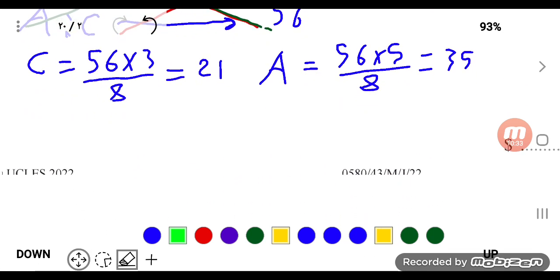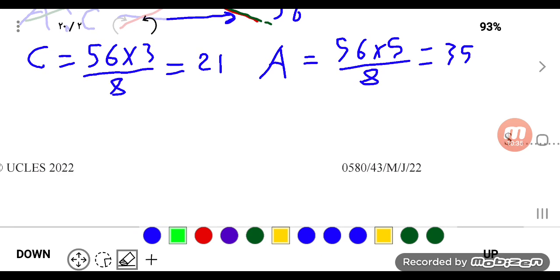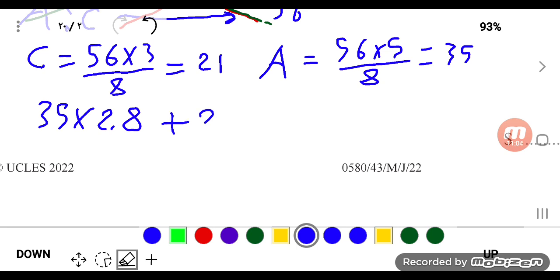Now to continue, you multiply the number of adults by the price for one ticket. So here the price of one ticket is 2.80 and adults 35. So 35 times 2.80, that's the price of the adult tickets, plus the number of children, which is 21, times the price of one child ticket.